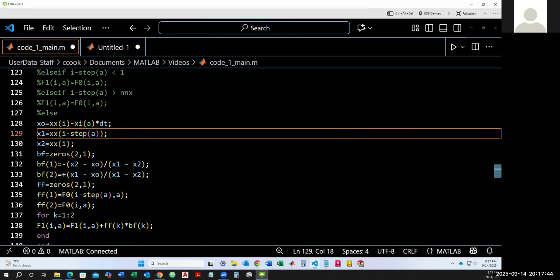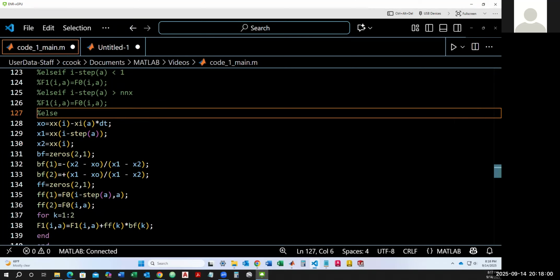So x1 will be x at I minus step A, and then x2 will be x at I. So all these space-time elements are different sizes, and they all overlap each other.